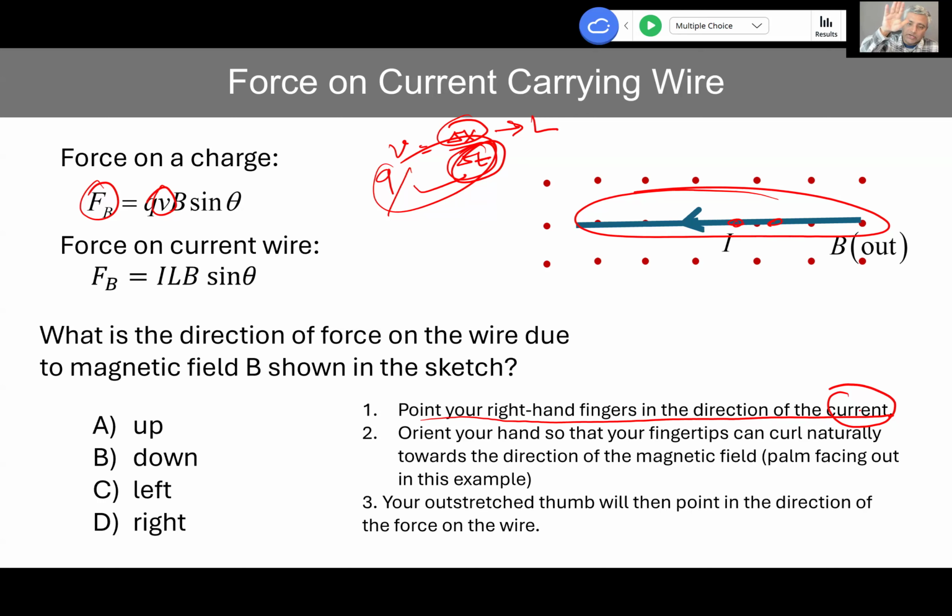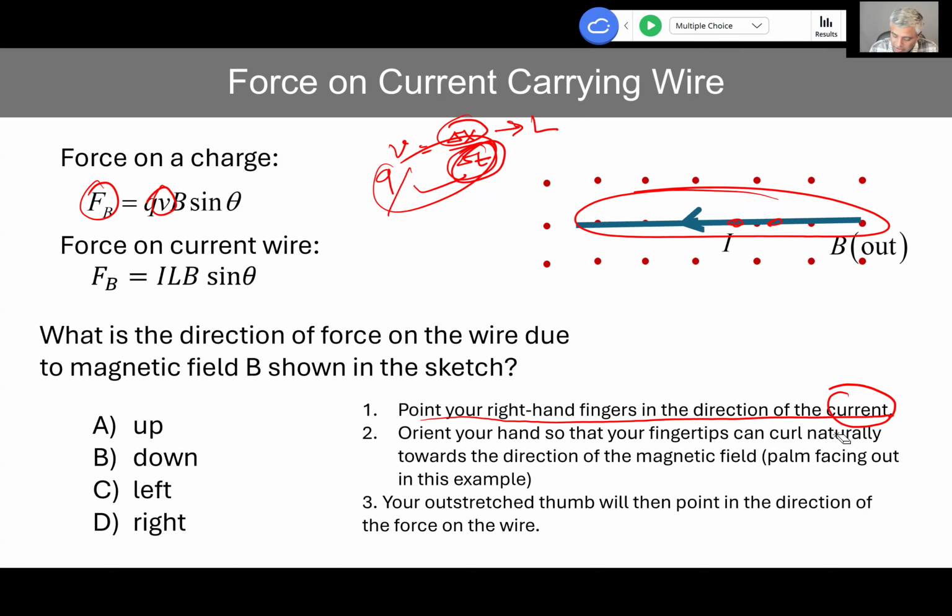And then curl in the direction of the magnetic field. Curling is possible when you point your palm in the direction of the magnetic field. That way you can curl it. If you flip your hand, you cannot curl it, right? So that's why your palm has to be pointing in that direction. I believe this side is called the palm, right?